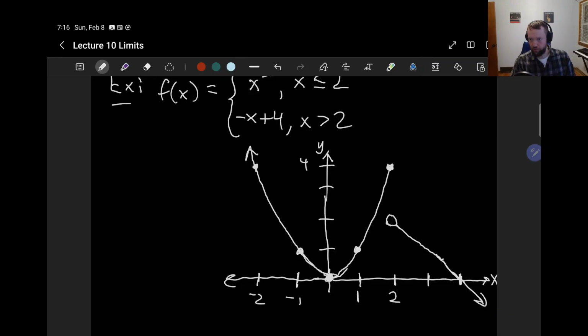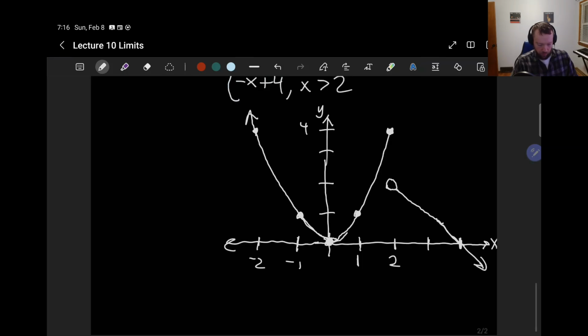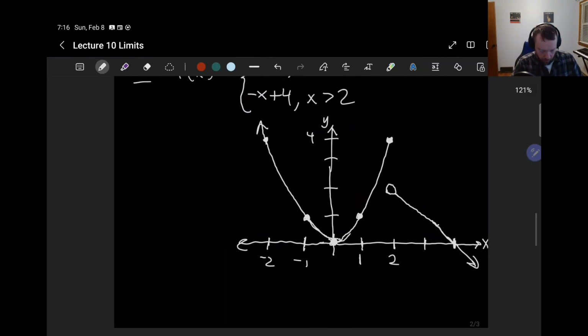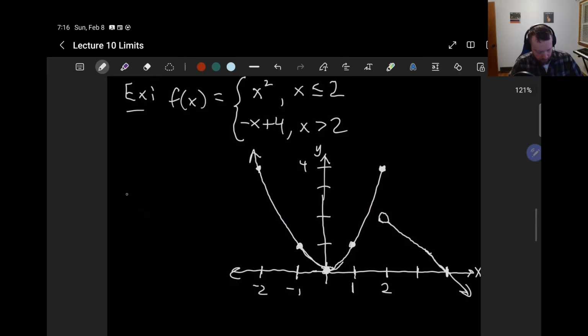So this is a graph of the piecewise function. And now the purpose of what I just did is to highlight one-sided limits. We can write it over here on the left. The limit as x approaches 2 from the right of f of x. This is a one-sided limit from the right, this plus.